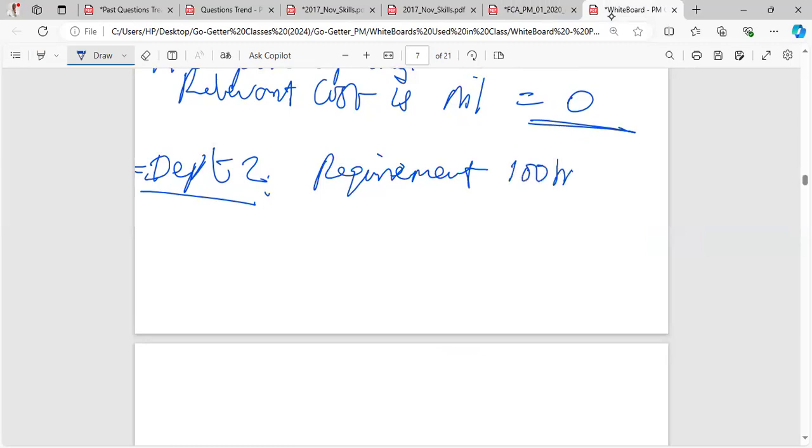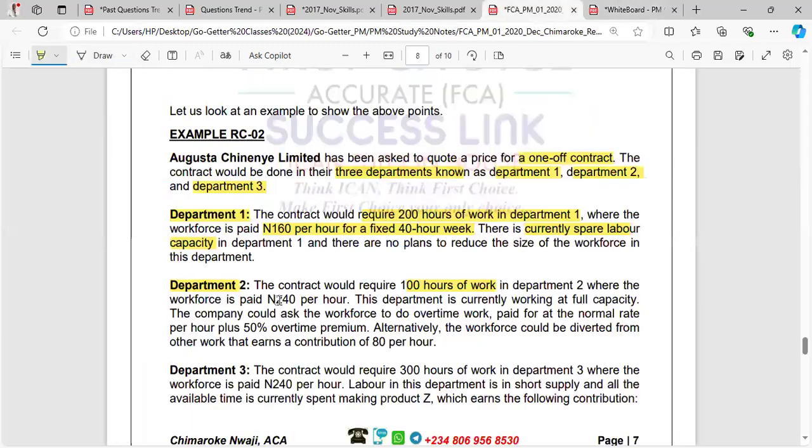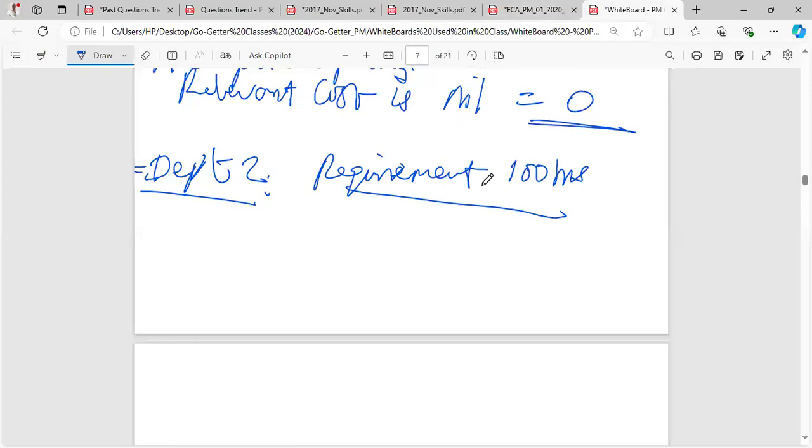Are they in permanent supply? Now, the workforce is paid 240 naira per hour, and they said this department is currently working at full capacity, so there is no spare capacity.